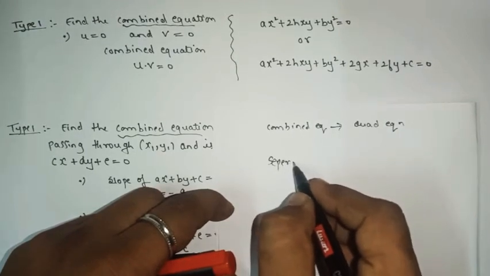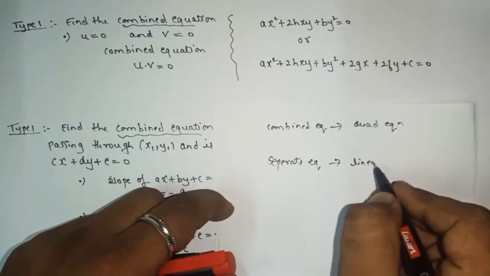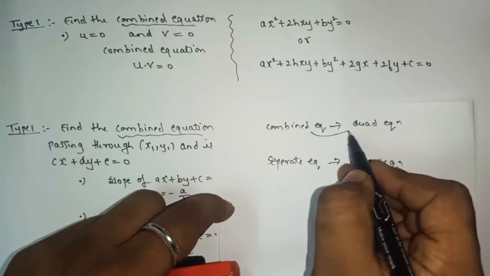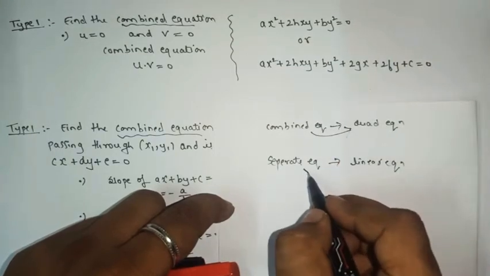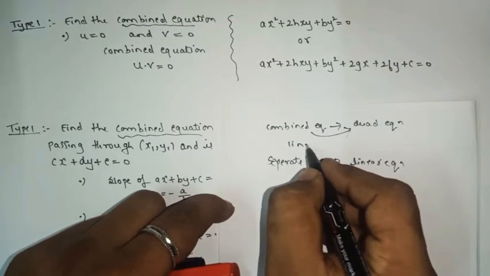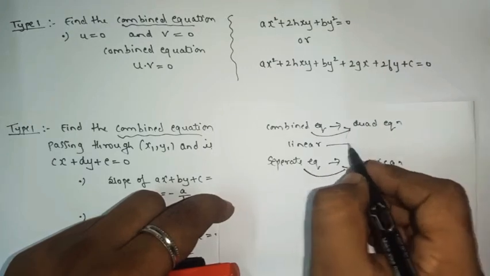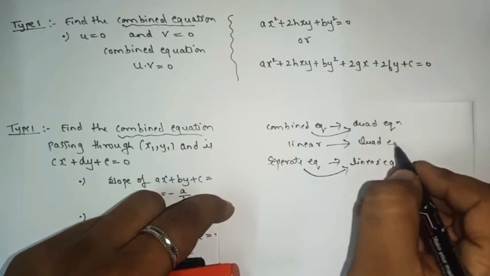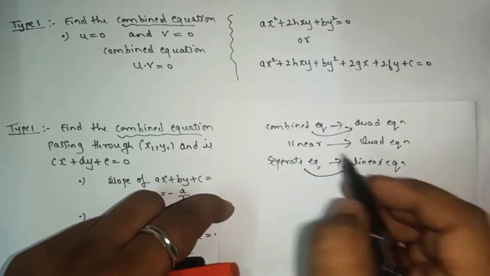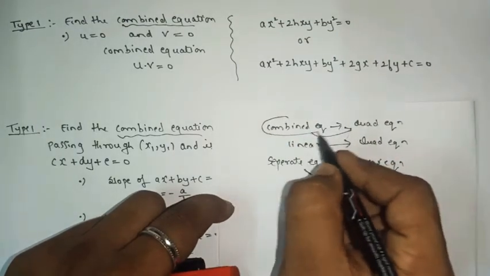There is a second type which is known as separate equation. Remember, separate equation means a linear equation. In simple language, remember like this: combined equation means a quadratic equation and separate equation means a linear equation. That means from linear equations you have to convert into a quadratic equation. Converting linear into quadratic is known as combine.